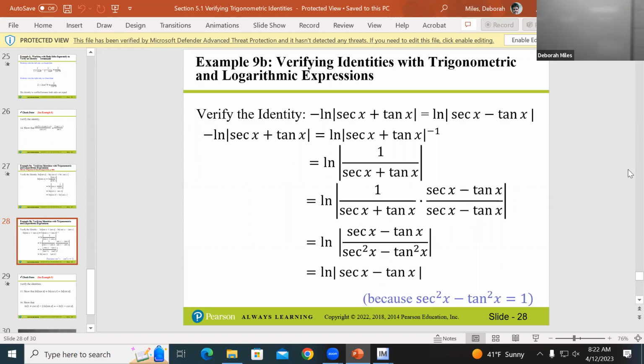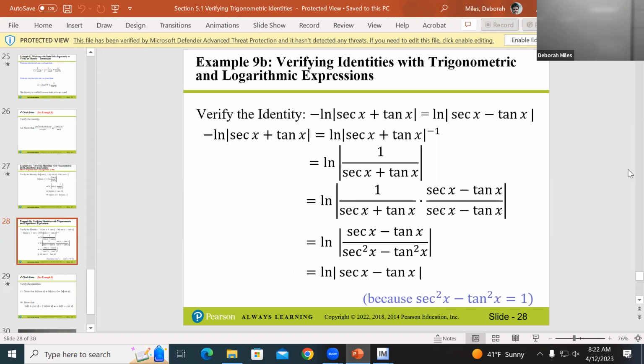That denominator, secant plus tangent, if I multiply both numerator and denominator by the conjugate of the denominator, would become a nice Pythagorean identity, secant squared minus tangent squared. And what is secant squared minus tangent squared? 1, so that's just natural log of secant minus tangent, which is what we needed.